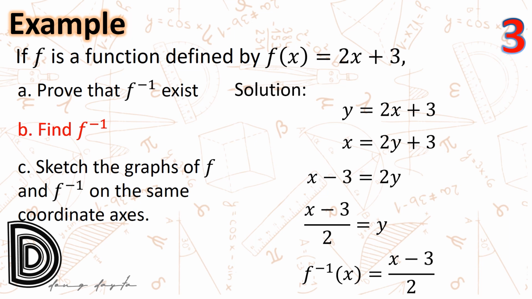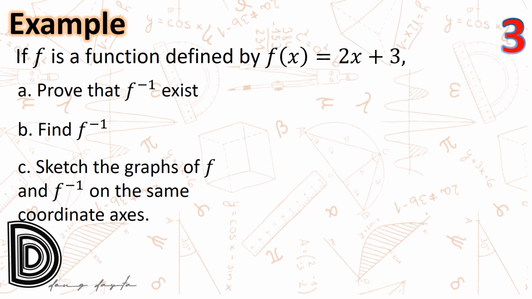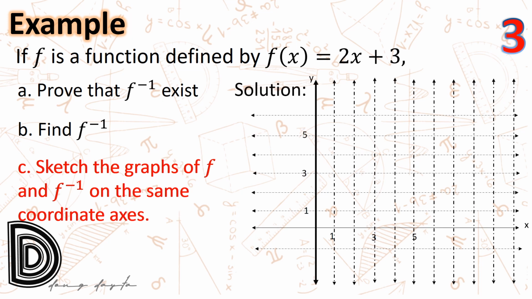Okay, let us do letter C. Sketch the graphs of f and inverse of f on the same coordinate axis. So let us have the rectangular coordinate system. From f of x equals 2x plus 3, we know that if we substitute 0 to x, that becomes f of x equals 3 or y equals 3. So we have an ordered pair 0, 3 for f of x.